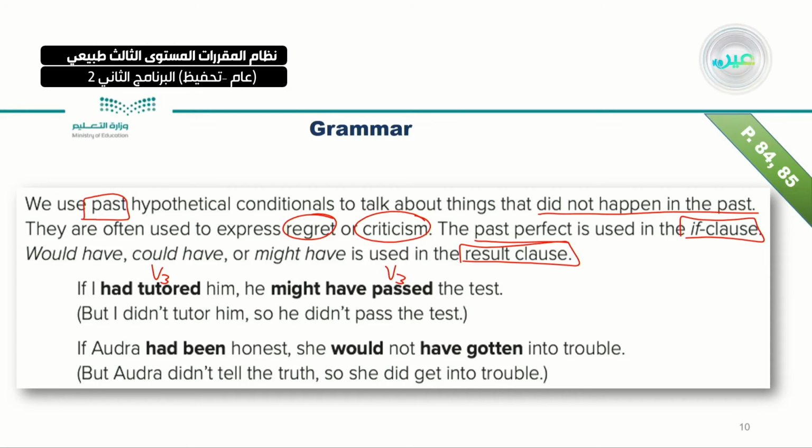So the first one expresses regret, and the second one criticizes. I'm criticizing things. Criticism: if Audra had been honest, which she was not, she would not have gotten into trouble. Good.